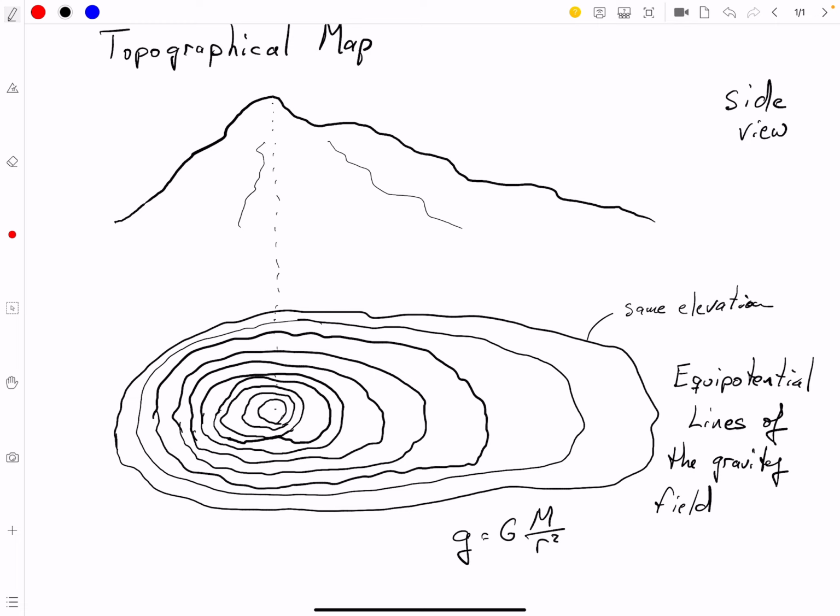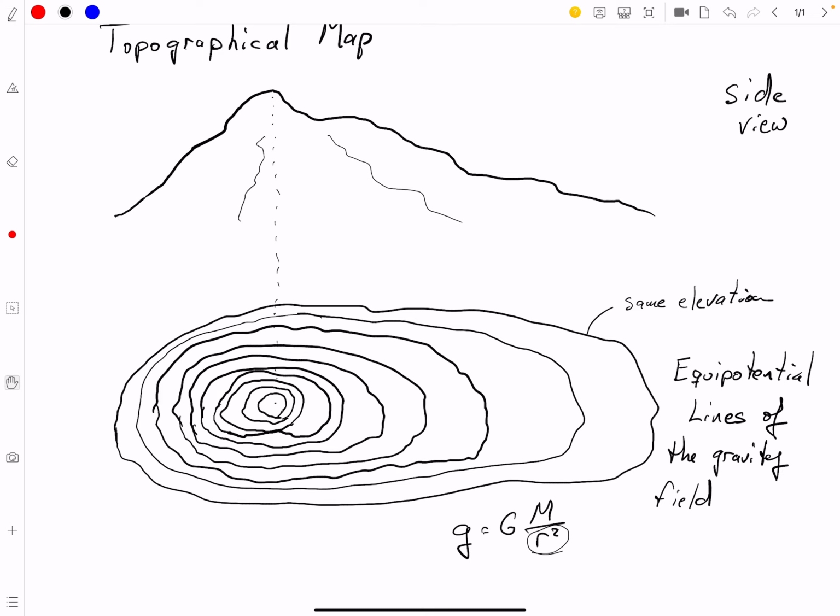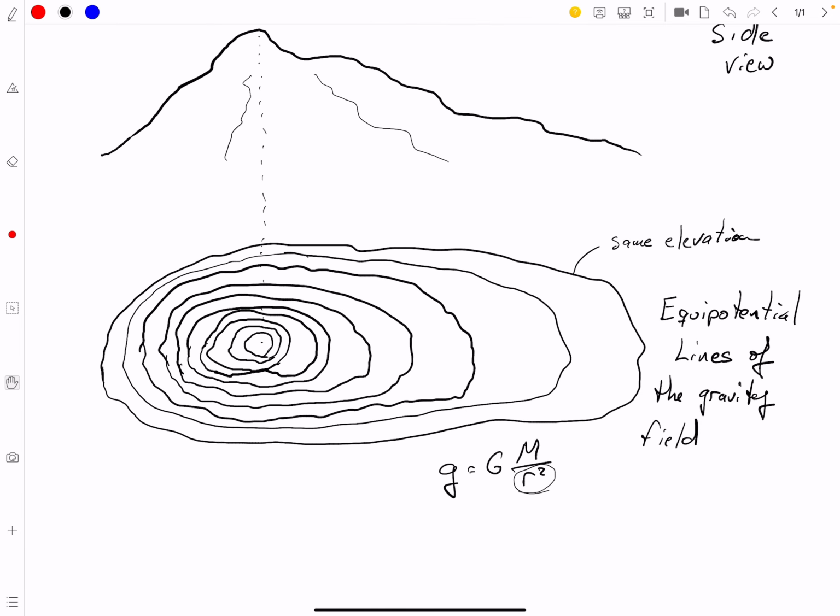So g is a function of r, and as you get further from the center of the Earth, g changes. Every time you have the same height, you have the same r, and therefore the same gravitational field. And of course, the first drawing was the side view; this is the top down view.